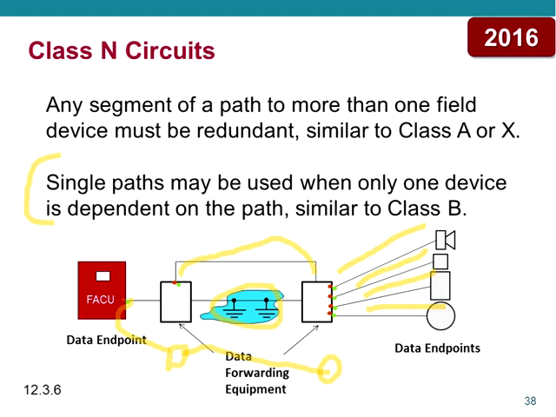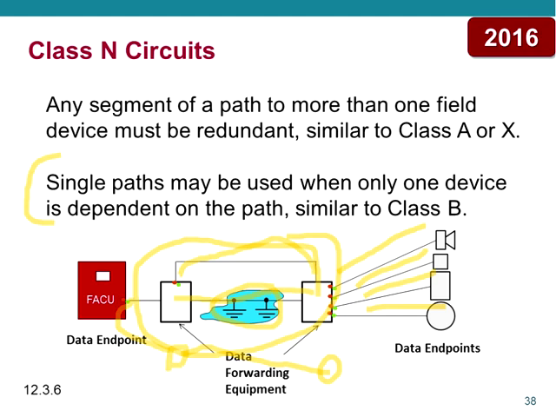We have a question: does it need a separate run of glass or wire? If it is a physical pathway, it requires a redundant pathway whenever you have this arrangement between two data points, unless it's a single piece of equipment, whether it is copper or fiber.